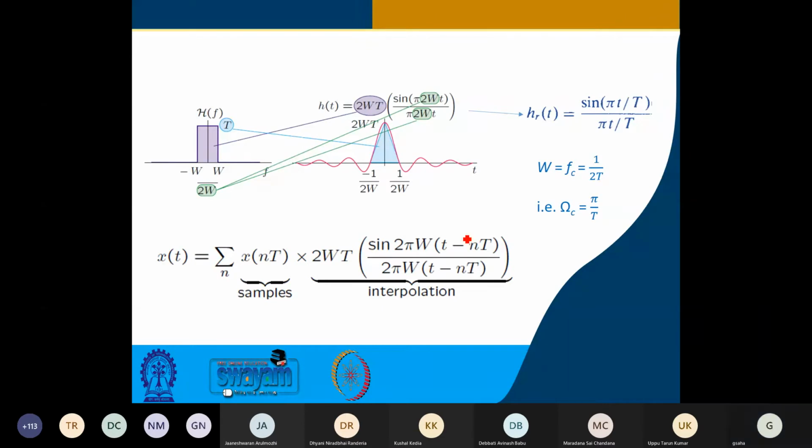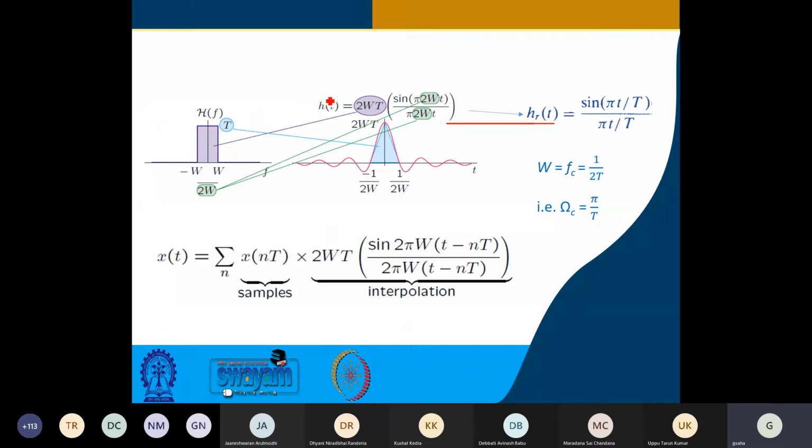This is the standard convolution relationship. Now we are looking at what the nature of h_r(t) would be. This is not in Oppenheim, but I think it is pretty representative, so I'm using this one.